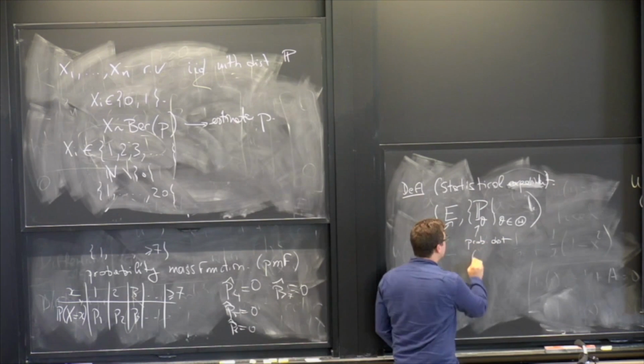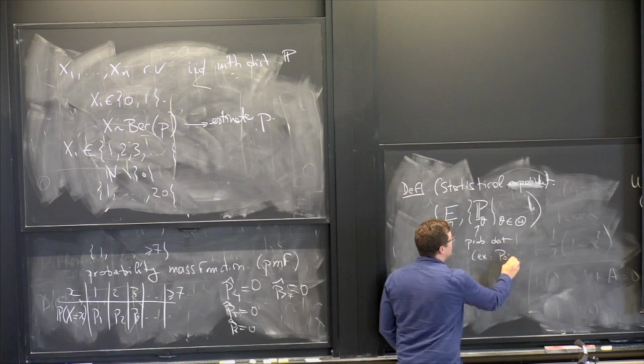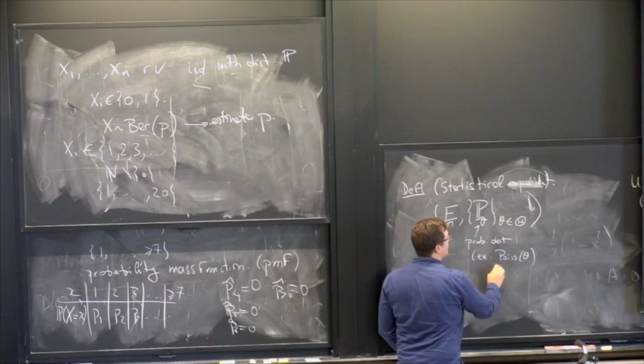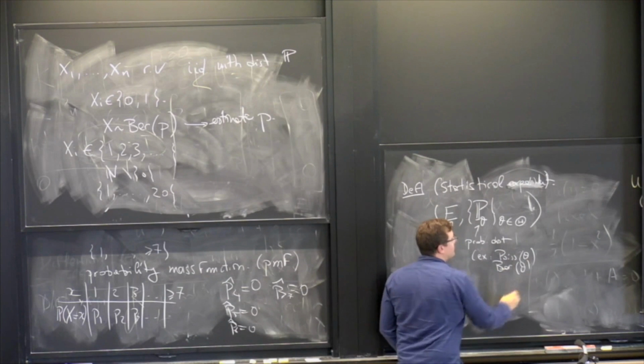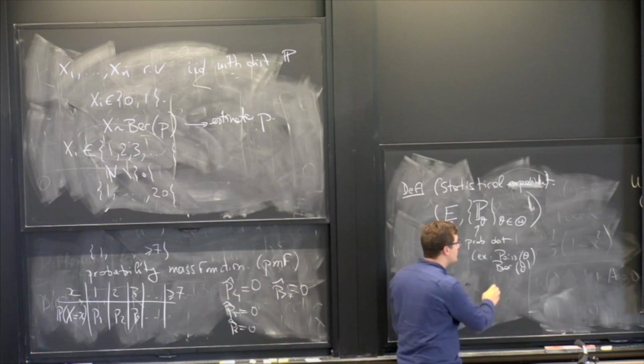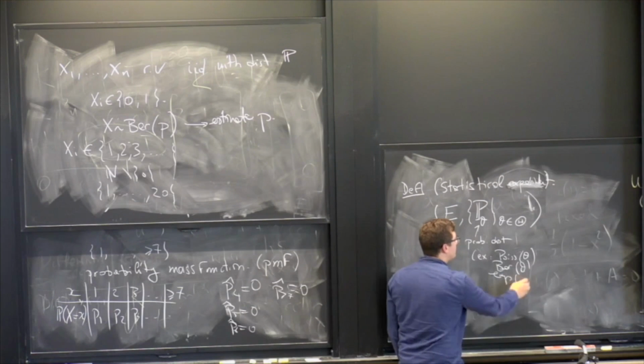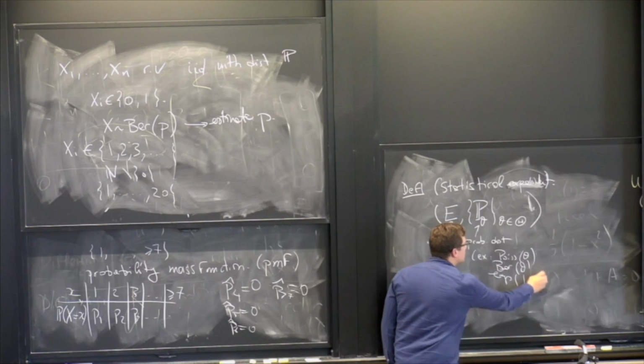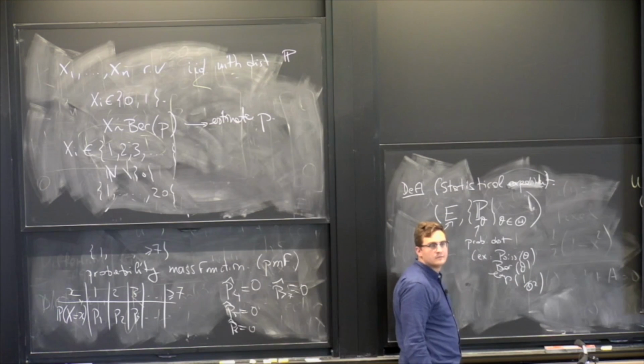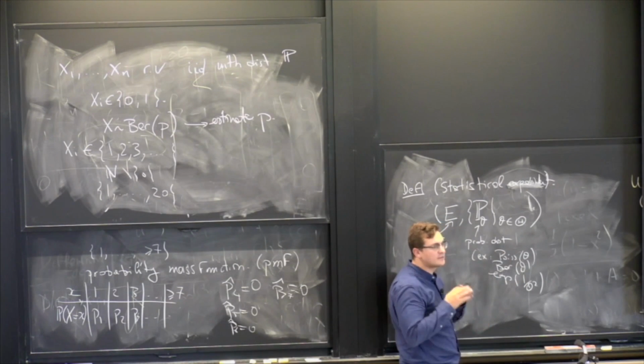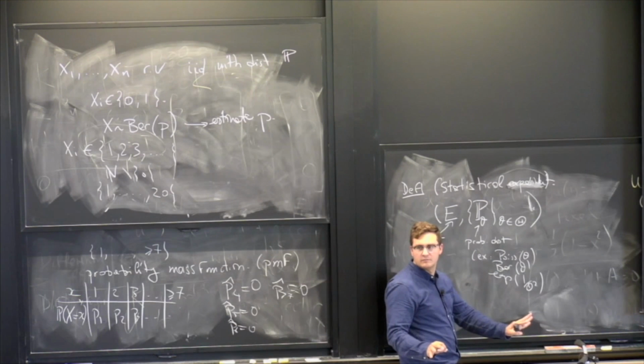All right, so for example, this could be a Poisson with parameter theta, or a Bernoulli with parameter theta. Okay, or an exponential with parameter, I don't know, 1 over theta squared if you want. But they're just indexed by theta. So for each theta, this completely describes the distribution.